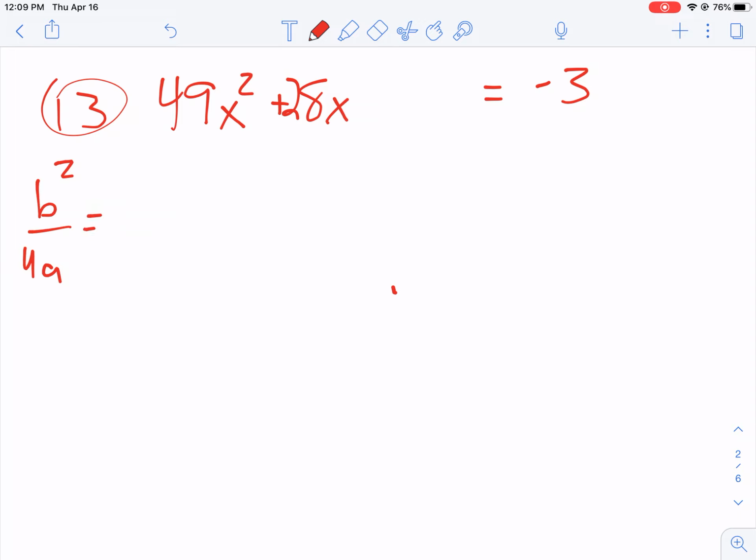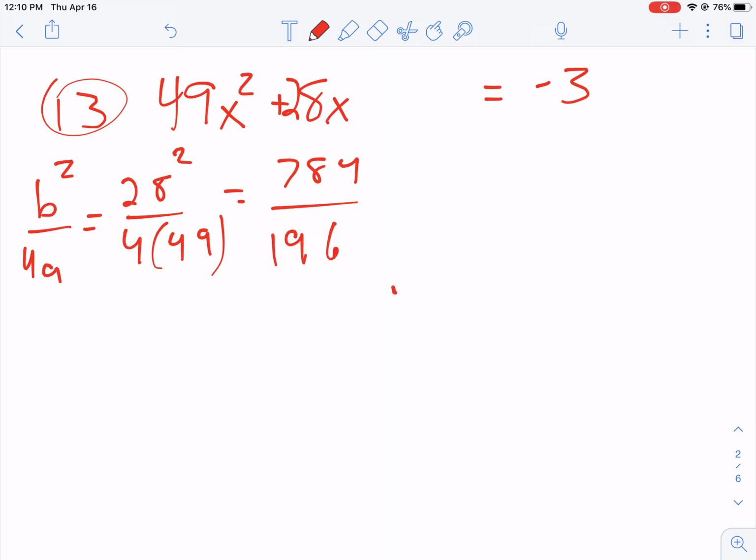So our b is 28, and 28 squared is 784, and 4 times 49 is 196. So what we're going to add is 784 divided by 196, which is 4.